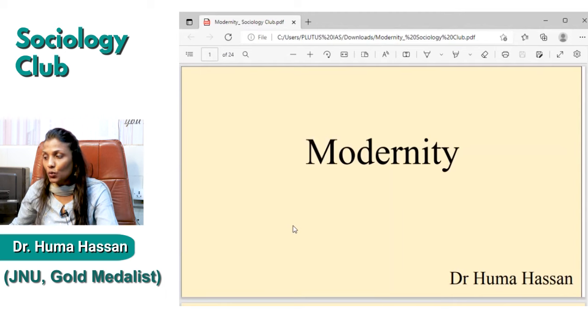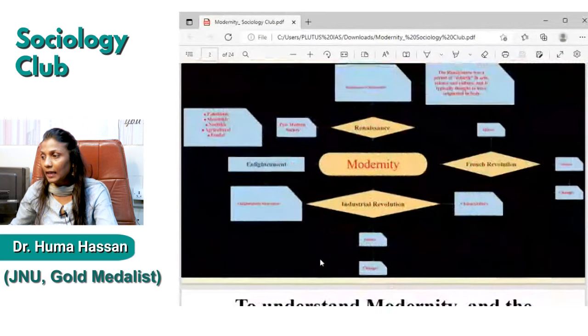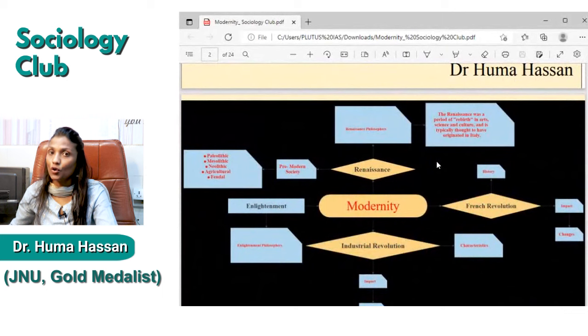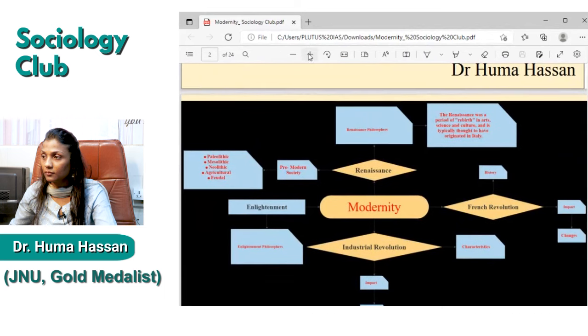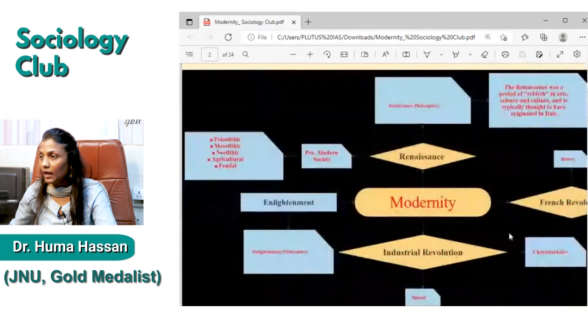So, in order to understand modernity, I have got this flow chart. If you have a proper understanding of this flow chart, your topic of modernity will be complete thoroughly. I hope this is visible to all of you.